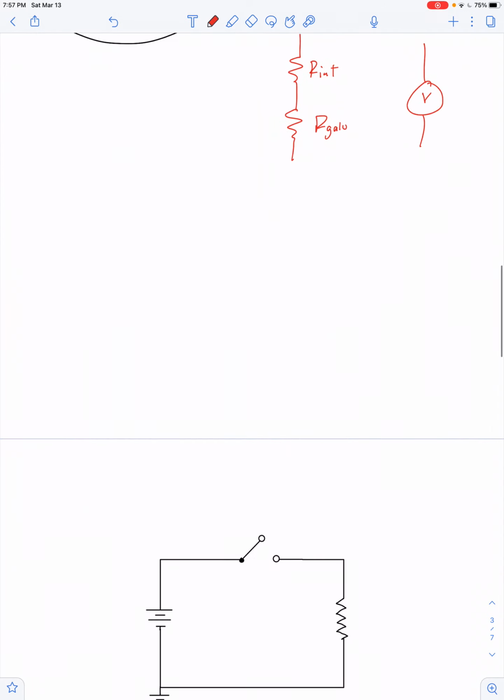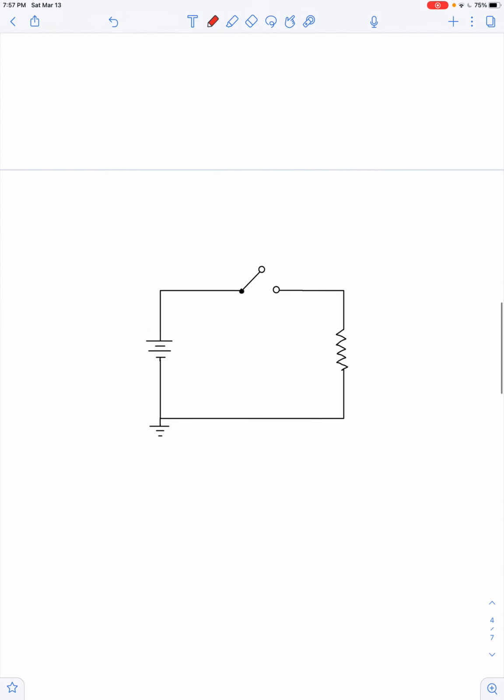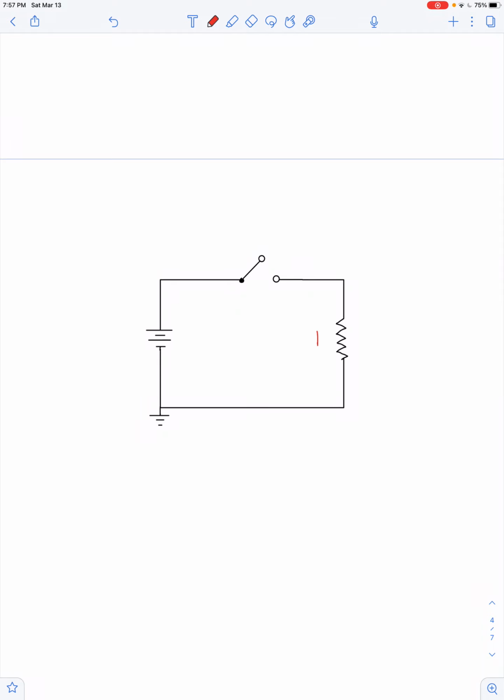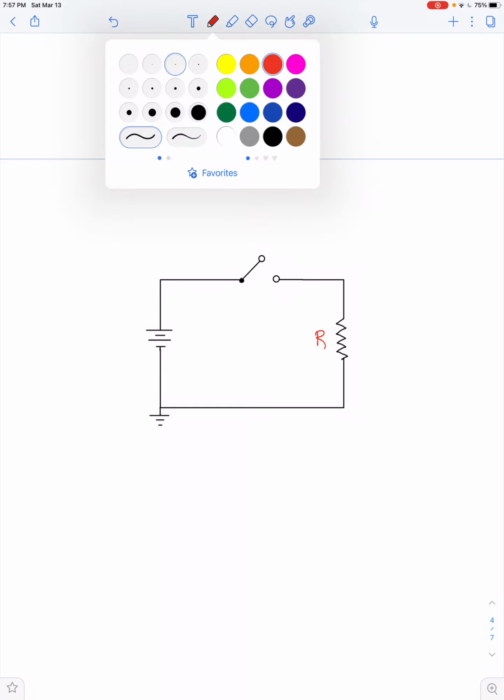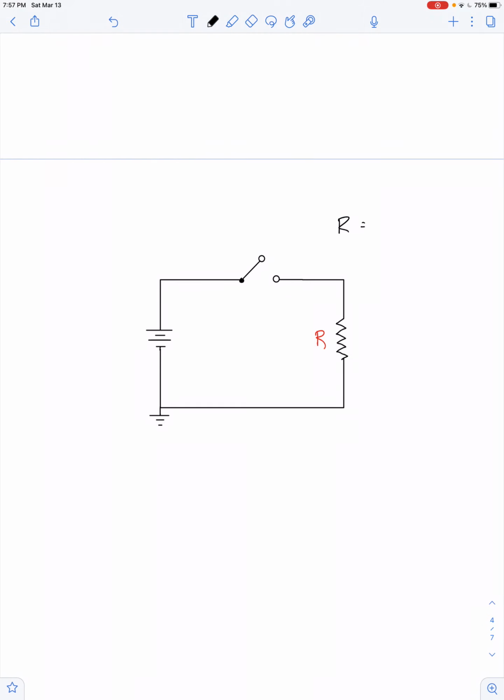So here's the point of all this. Let's say I wanted to determine what's the value of this resistance. Well, I could use Ohm's law. And so I can figure out what the resistance is if I can measure the voltage across it and the current flowing through it.